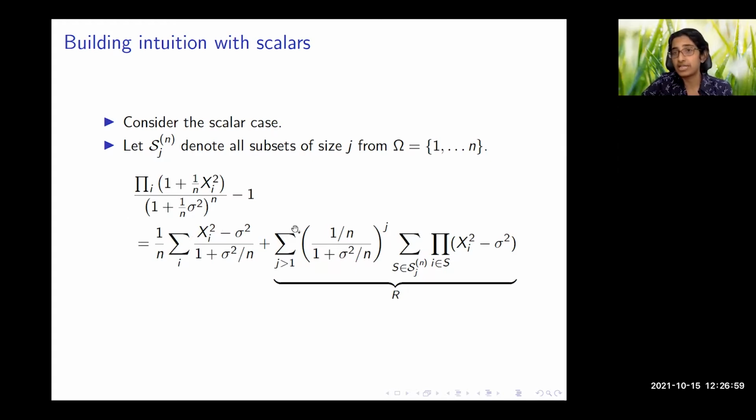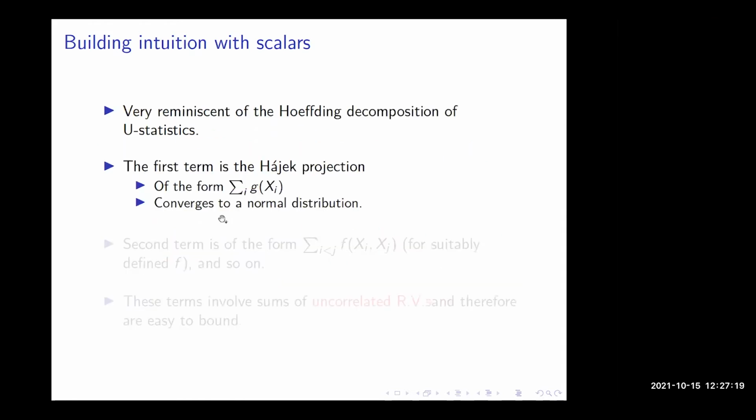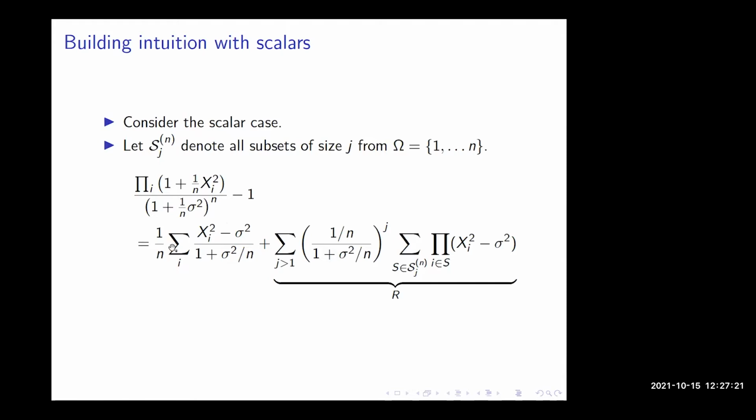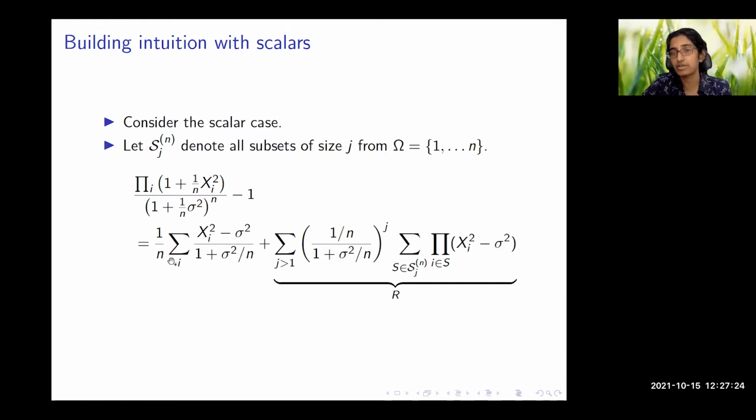Let's look at what that behaves like. So if you just write it out, like expand it around its expectation, it's going to have a really not nice looking expansion. But let's look at that expansion for a second. So the first term in that expansion is going to be, can you all see my mouse? Yes. Okay. So the first term is going to be something like an average of IID things. And then you are going to have really complicated looking things in the remainder.